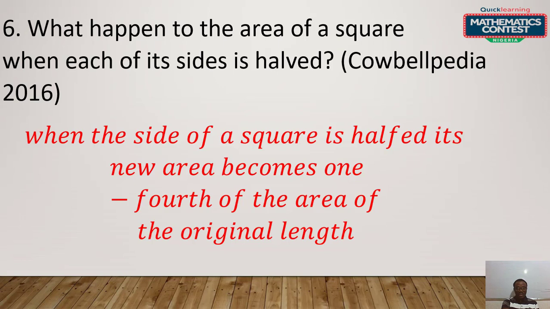When the side of a square is halved, its new area becomes 1/4 of the area of the original square. I trust you understand that. So whenever the side of a square is halved, the area will be reduced to 1/4 of the area of the original shape. So that is the answer there.